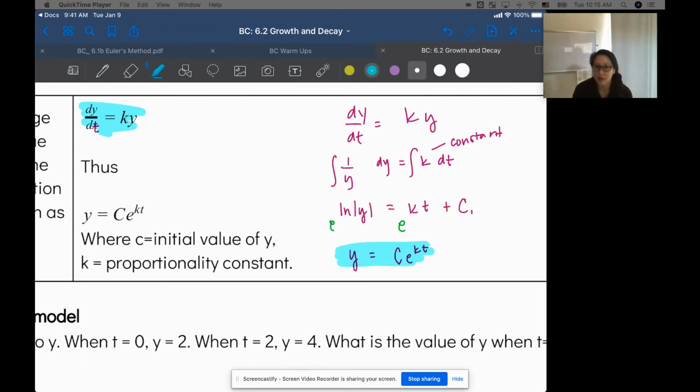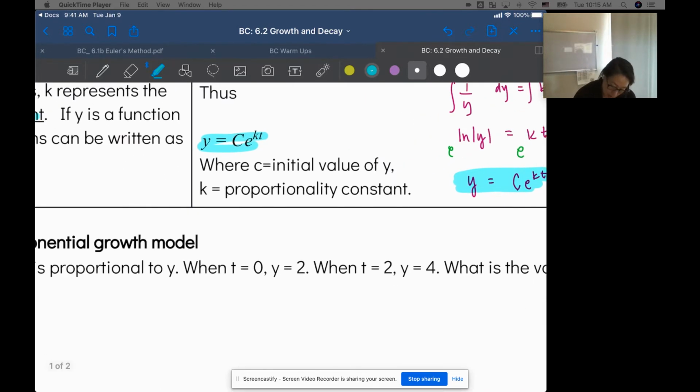Okay, so if you notice, we end up with an exponential function, because we know that the rate of change of an exponential function is just k, a rate, times its output. So anytime you see a rate of dy over dt is equal to k times y, you know that you're going to end up with an exponential function as its solution.